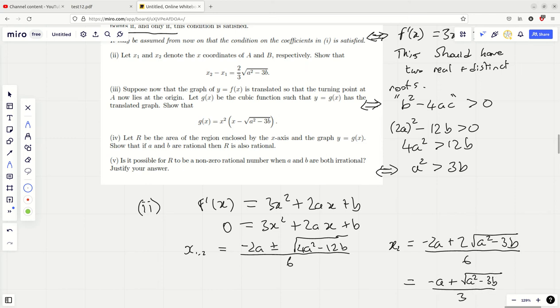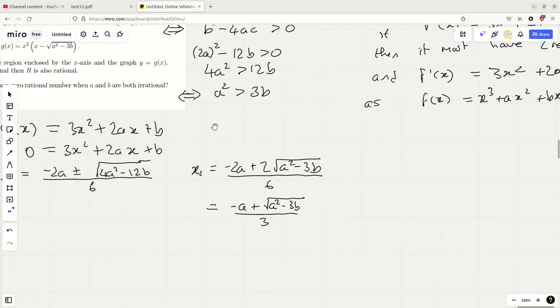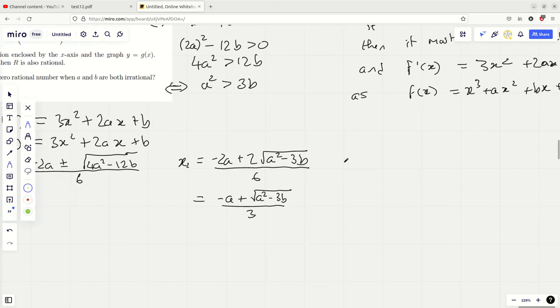Now, what about x1? Well, x1 must be the other one, the one with a minus rather than a plus. I'm just going to write it down straight away as minus a minus the square root of a squared minus 3b over 3. And hence x2 minus x1 equals, okay, so I need to do minus a over 3 minus a over 3.